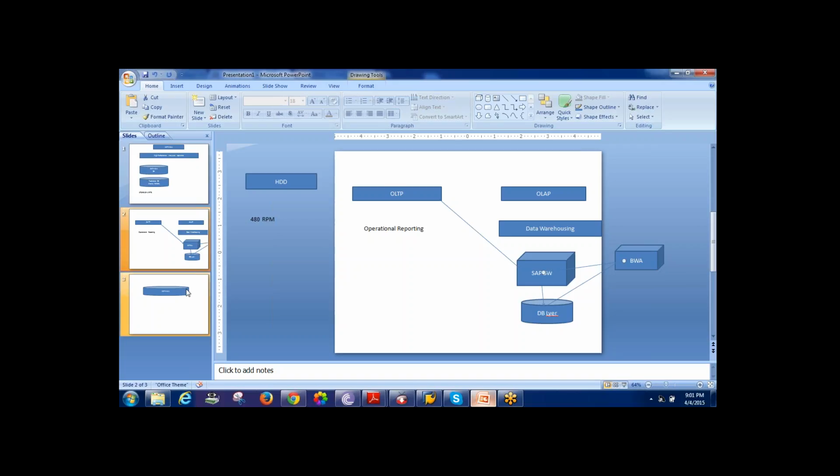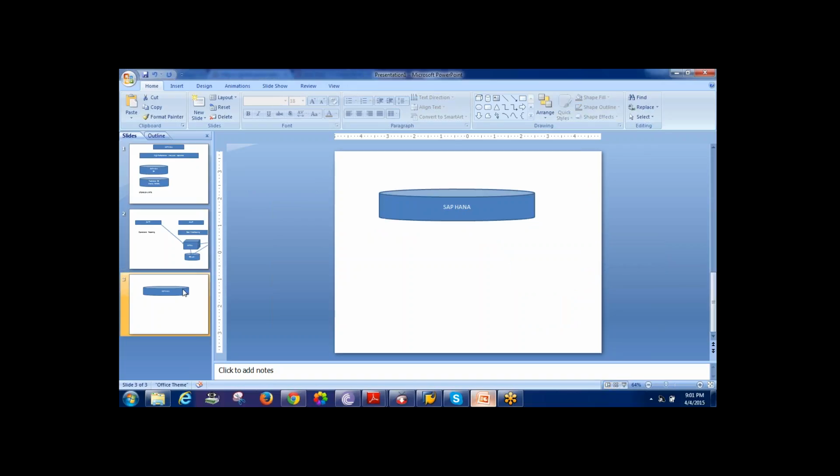Now we'll discuss SAP HANA and how it was developed. What technology makes the SAP HANA system extremely fast, and how is it different from other relational database management systems? We know that the SAP HANA database is an in-memory database.